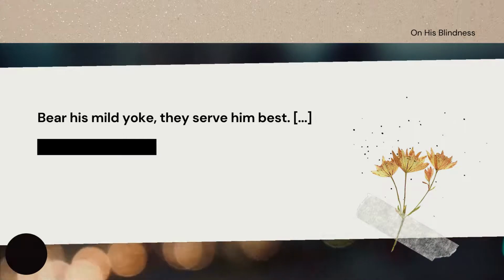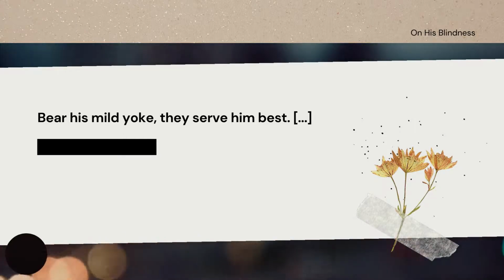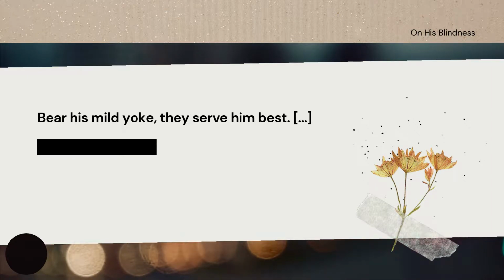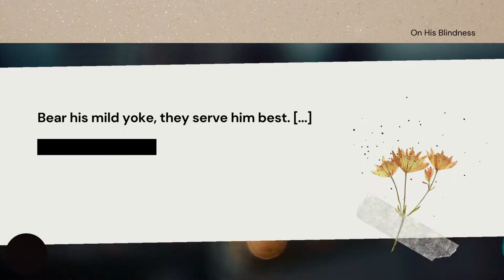Mind you, the yoke is not heavy or hard. It's mild, which one can bear easily. And follow him as the animals do and leave everything to God, as he'll take care. And that's how someone can be a servant to God.